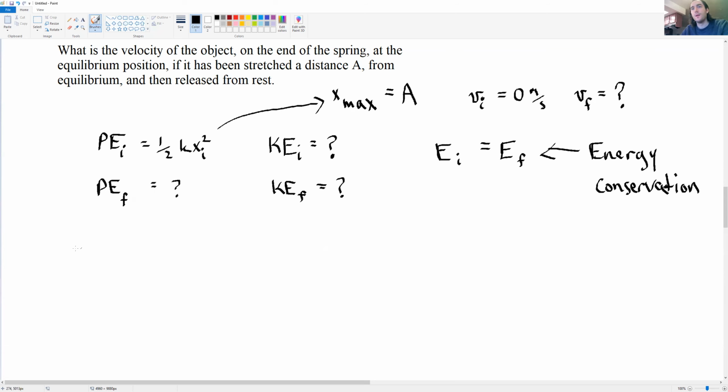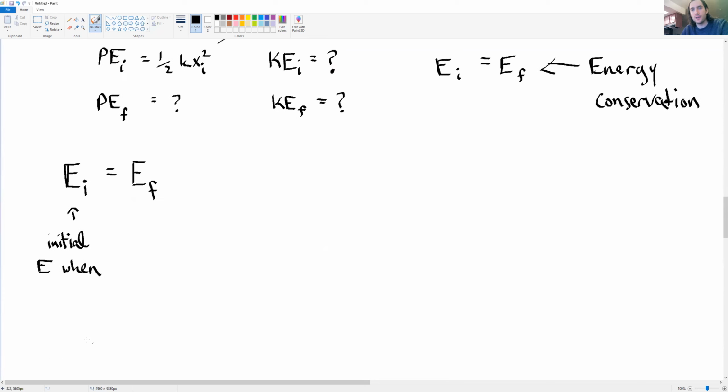So what that means is that the total energy that we have stored in the spring, plus its kinetic energy, which happens to be 0 because it's not moving, should be the same as its final energy, which we have defined to be when the spring reaches equilibrium. So this here is the initial energy the spring has when it's stretched.